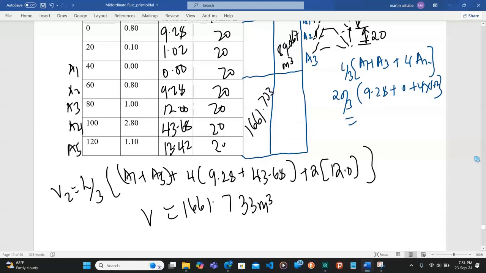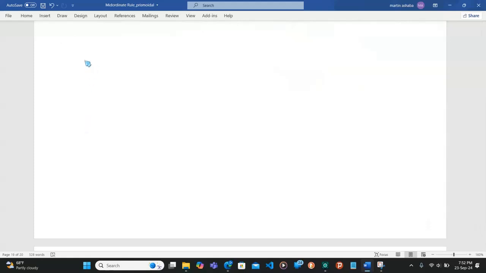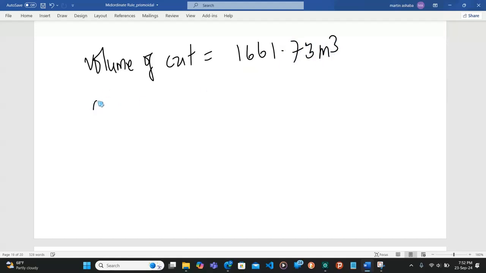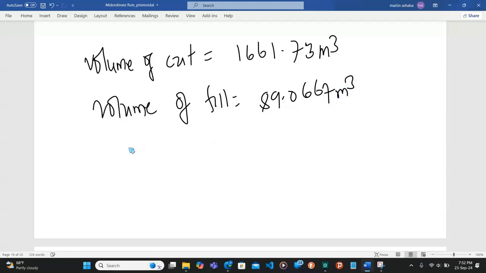So the volume of cut is going to be 1661.73 cubic meters. The volume of fill is going to be 89.0667 cubic meters.